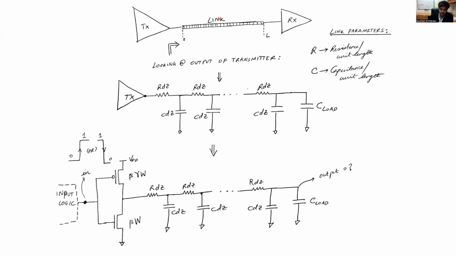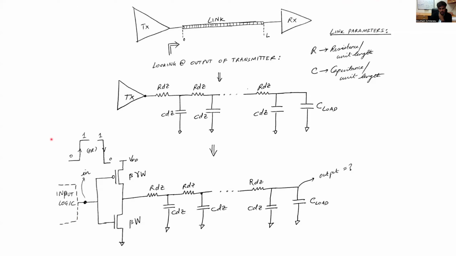the parasitic inductance, and therefore we can model the link by using an RC network with differential R and C elements connected in cascade, which is driving some load capacitance. The load capacitance being the input impedance, basically the input capacitance to the receiver stage, which could be the PMOS and NMOS capacitors if the receiver was basically another inverter, or it could be some kind of digital logic.